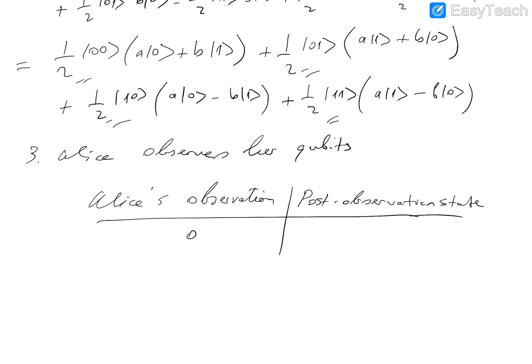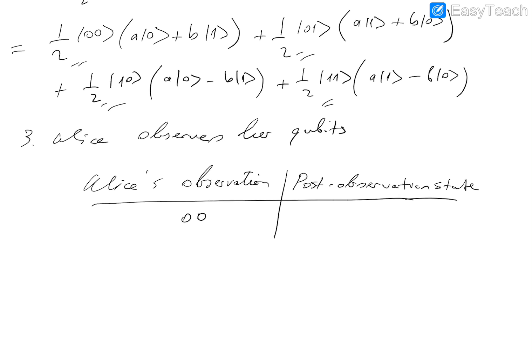Now if Alice observes 0, 0, then the new state of the system is 0, 0, a0 plus b1. If Alice observes 0, 1, then the new state will be 0, 1, and the third qubit will be a1 plus b0.